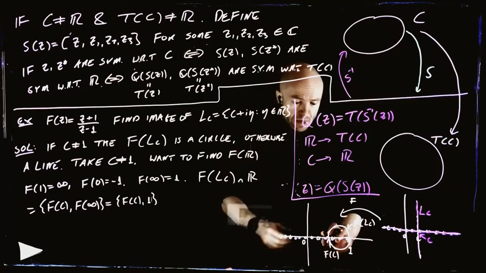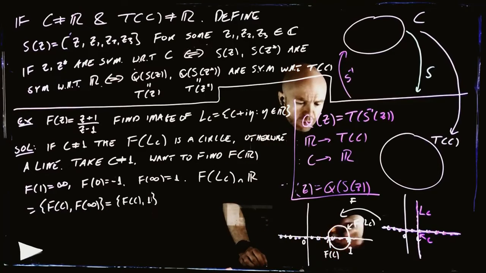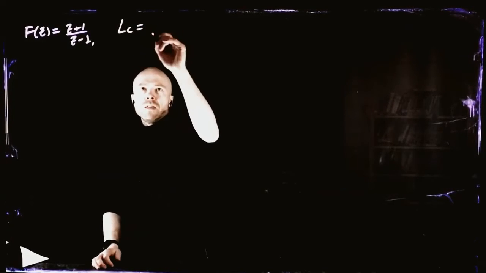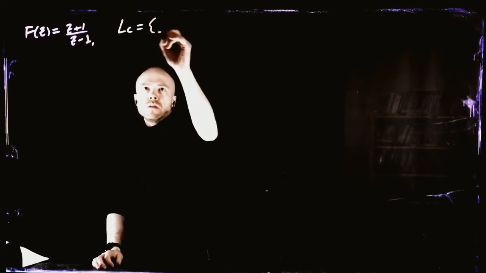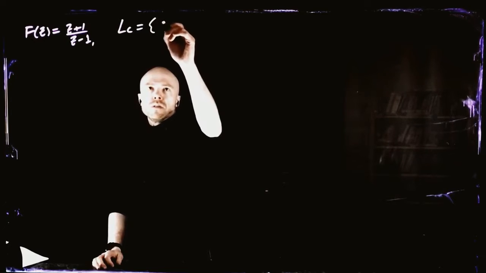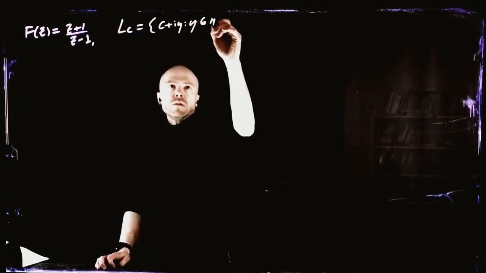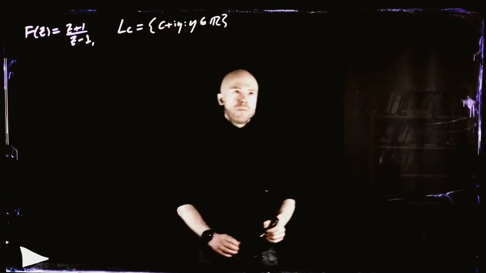But then we have an ambiguity of whether it's on this side of 1 or the other side of 1. So we have to figure that out. Okay, so we have this mapping: f of z is equal to z plus 1 over z minus 1. And the line we are considering the image of is L of c, the set of c plus iy for any real y.